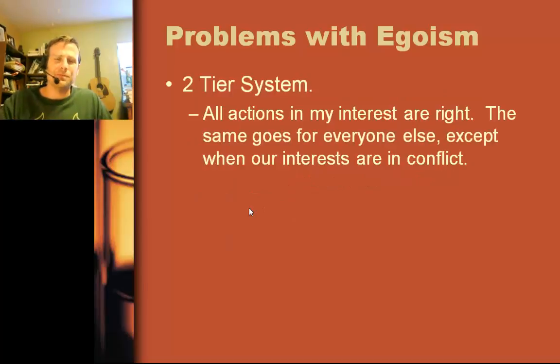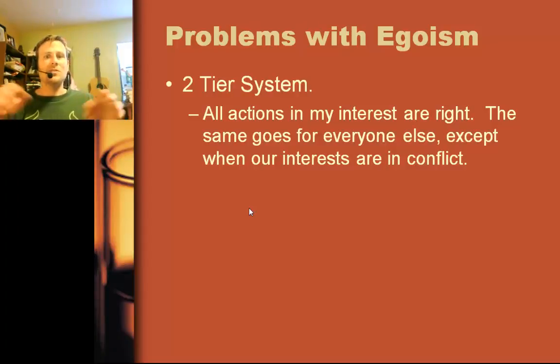Additionally, even if you think moral egoism is unrelated to psychological egoism, there's a second problem with moral egoism. That is, it creates a sort of two-tier system. So the moral egoist thinks everybody should act in their own self-interest as long as their self-interest accords with mine.